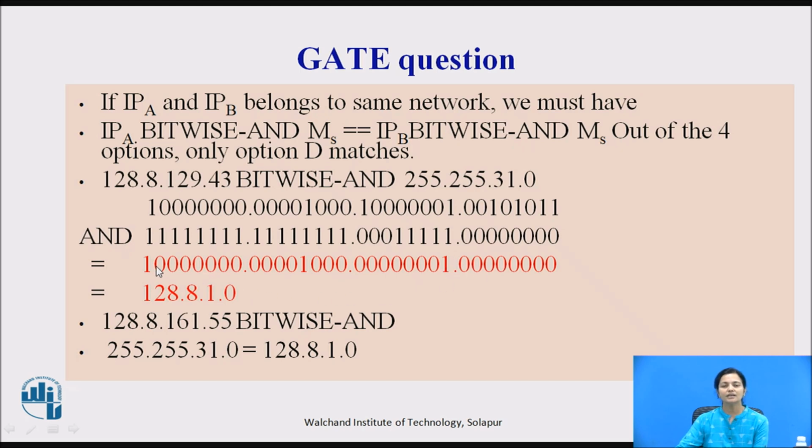Whatever this answer is, I have converted it back: this is 128, this is 8, and here it is 1 and here it is 0. I hope you understood this. So it is converted to 128.8.1.0.